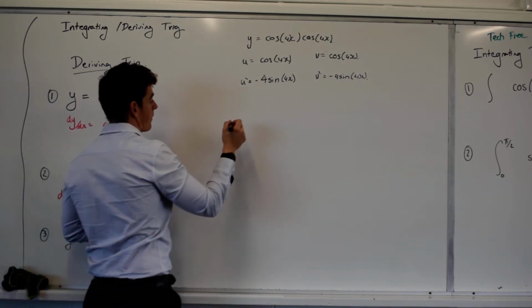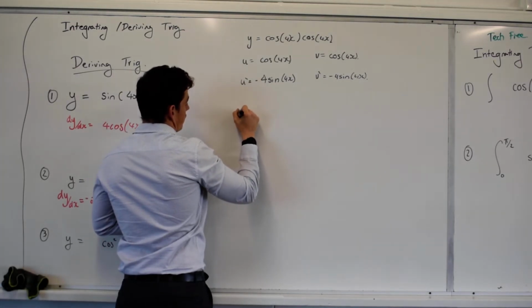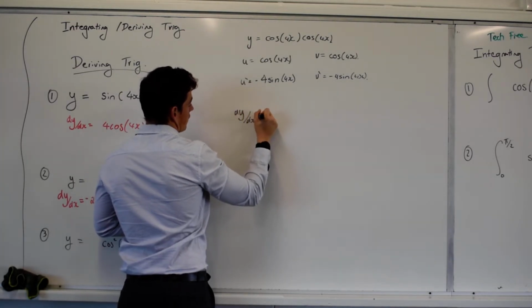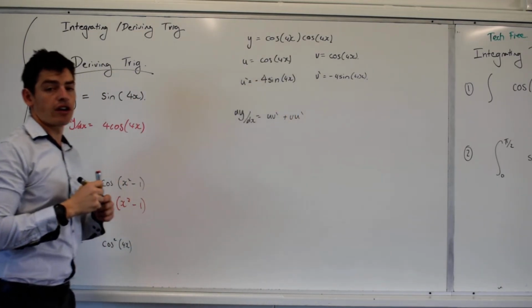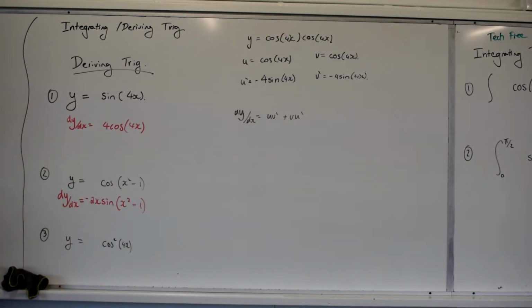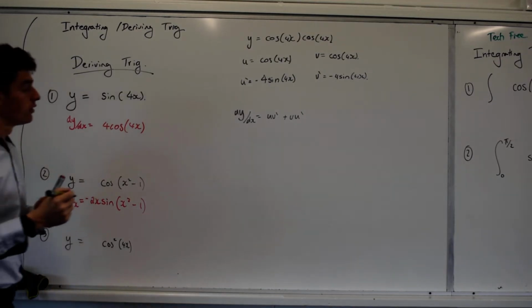Sweet. dy dx equals u v dash plus v u dash. Make sure we're showing our working for this, because if we make an error along the way, at least we're getting some marks for using the product rule.